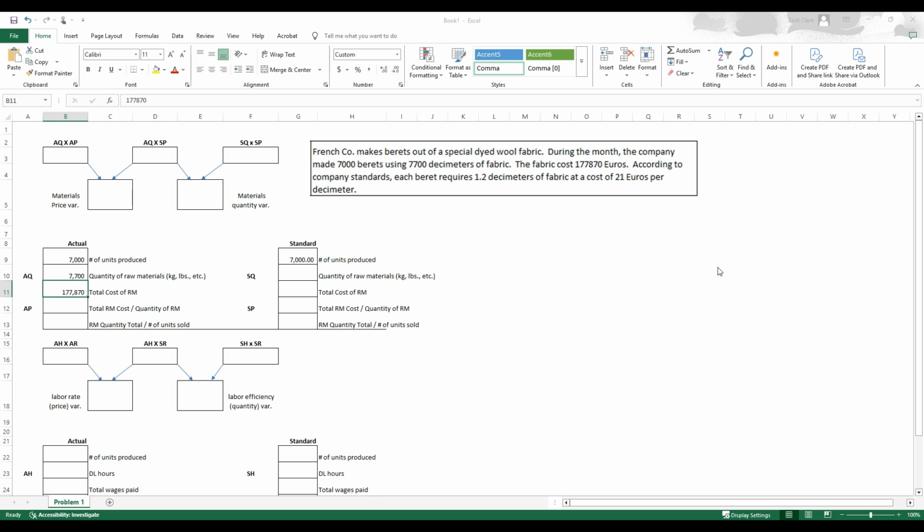I think if we want to be proper, we can go to currency and then find euros in here. I'm not sure why I'm not seeing it, but obviously the euro is a very primary currency.